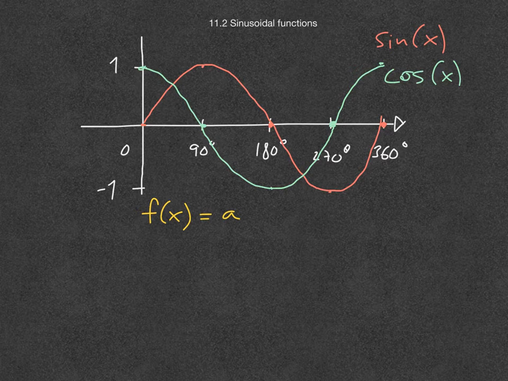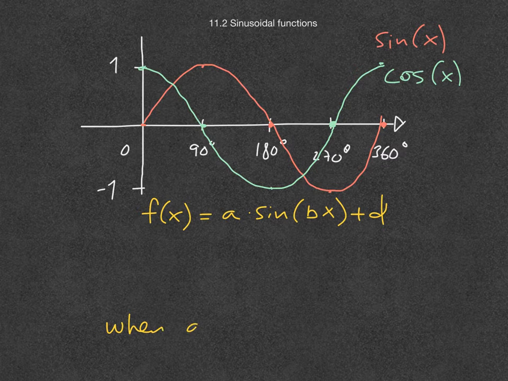We can write it as a multiplied with sine of bx plus d, when a equals 1, b equals 1, and d equals 0. So if we put in these values for a and b and d here, we get sine of x. So that's the simplest form of the sine function.